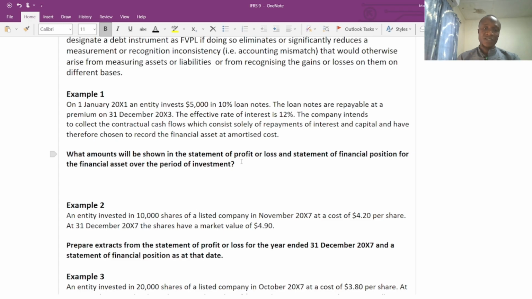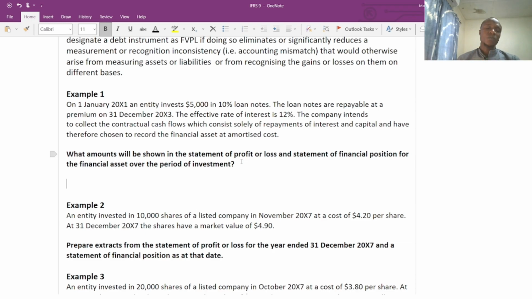So automatically, it means the effective rate must be higher than the nominal rate. The effective rate is 12%. The company intends to collect the contractual cash flow, which consists solely of repayment of interest and capital, and has therefore chosen to record the financial assets at amortized cost.